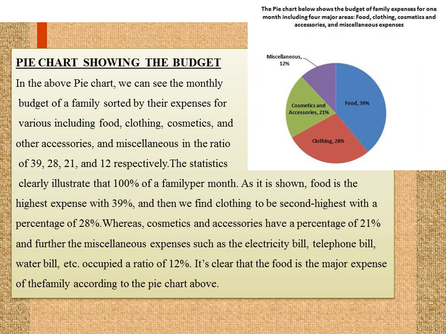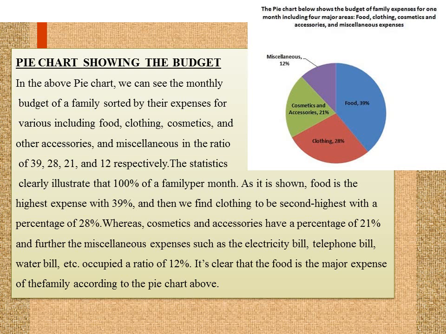Here we have a pie chart representation of a budget of family expenses for a month. The pie chart has been divided into food, clothing, cosmetics and accessories, and miscellaneous parts.